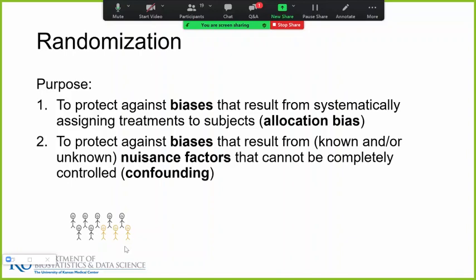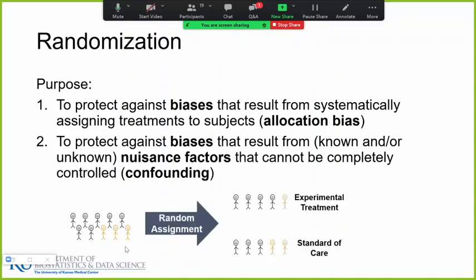I want to randomly assign them to the experimental treatment and the standard of care. And what ends up happening is randomization equally distributes the individuals with the mutation across the two treatments. So if these individuals are going to respond better in general, then I'm equally distributing those effects through the two groups.